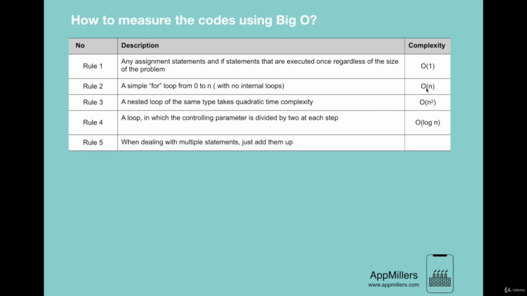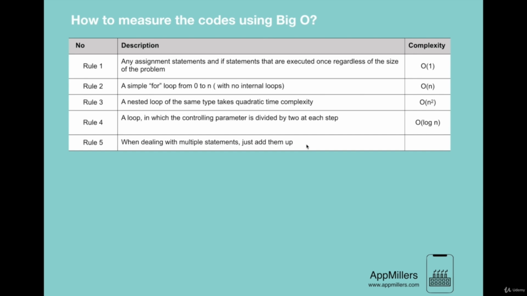Then the third rule is a nested loop of same type takes quadratic time complexity, which means that if we have any loop inside another loop, it will take quadratic time complexity, which is O(n squared). And the fourth rule is a loop in which controlling parameter is divided by 2 at each step takes logarithmic time complexity.